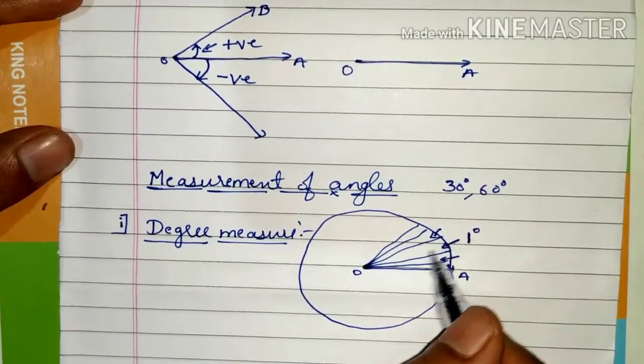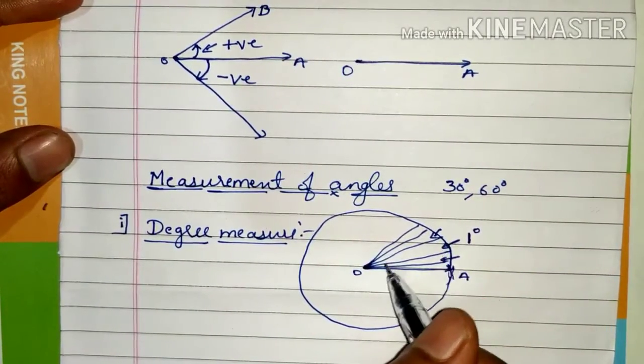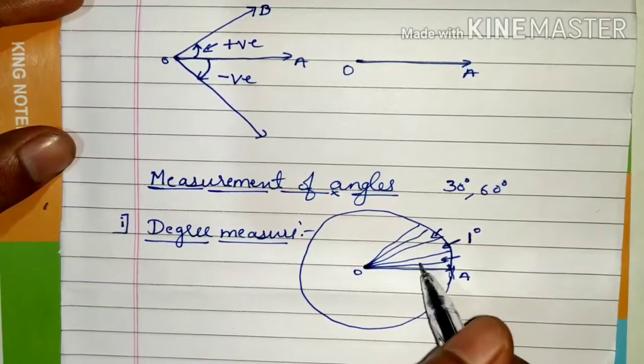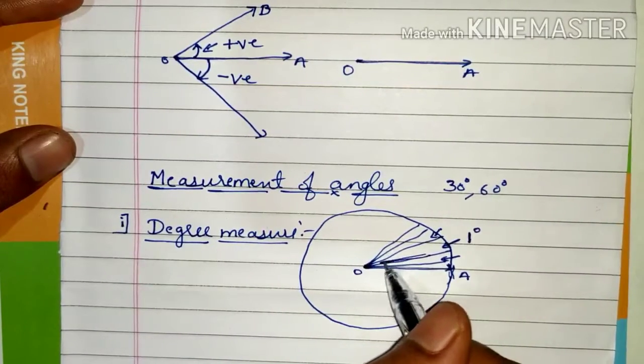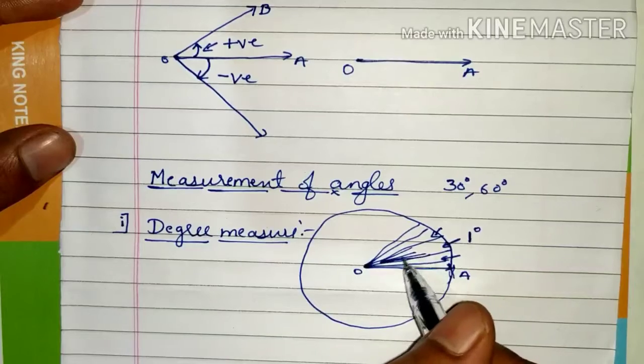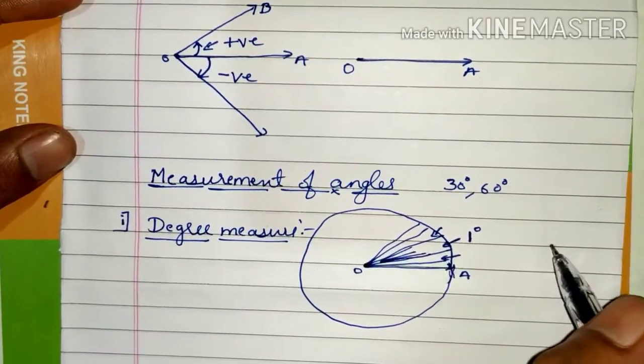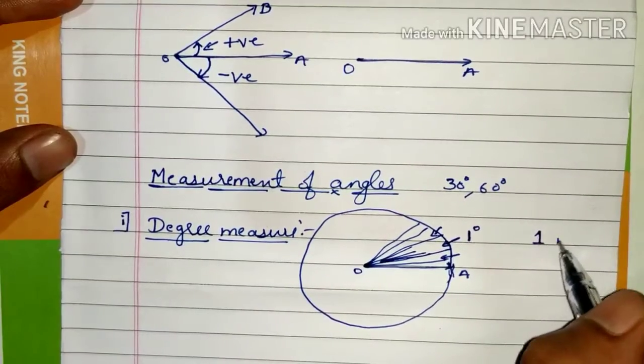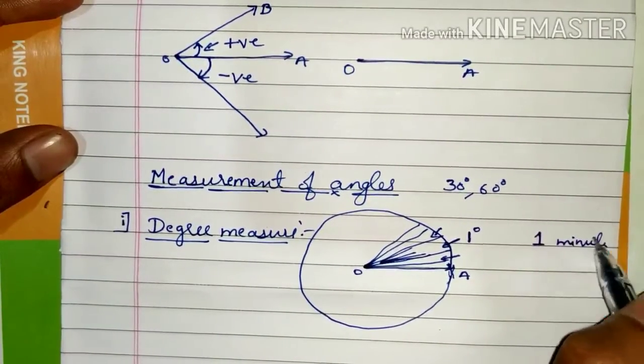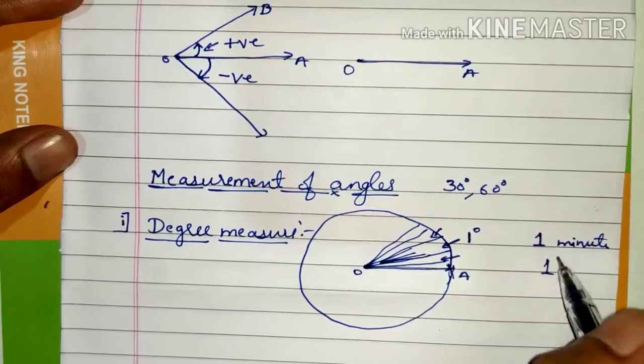Then this is 1 degree, and it is divided into 60 equal parts like this. Within degree only, we divide it into 60 equal parts, and each part is considered as 1 minute. It is denoted like this, 1 minute.